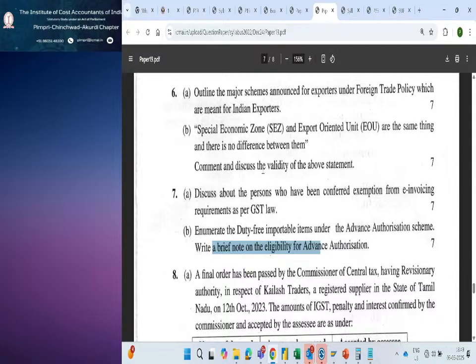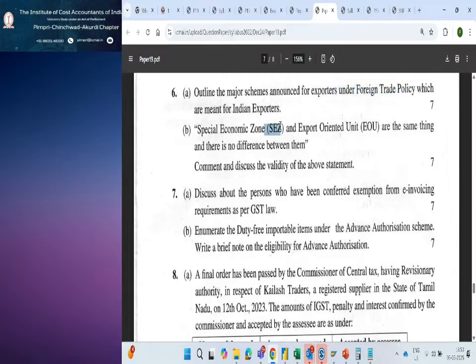It is December 2024. Generally there will be a question from the valuation problem, but last December 2024, if you see, there are multiple questions from the foreign trade policy. One is related to the major schemes under foreign trade policy.